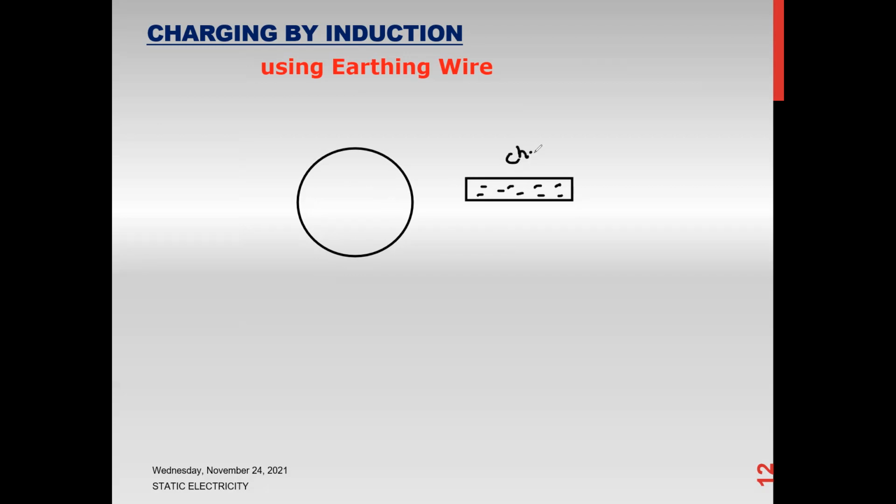This is the charge rod which we bring, and we have two regions, for example X and Y. What will be the net charge on Y, the side which is facing the charge rod? What charge will appear on Y?